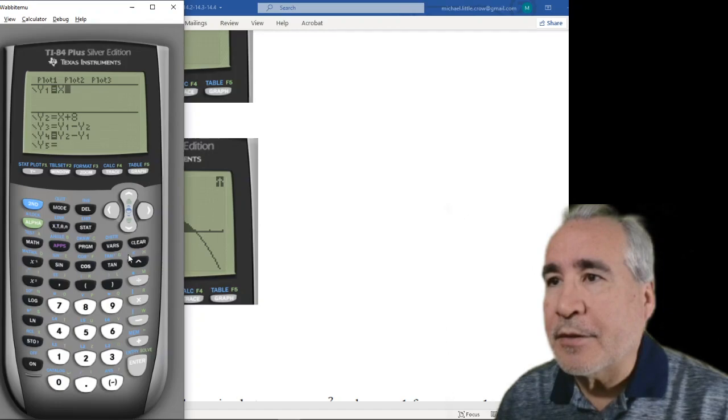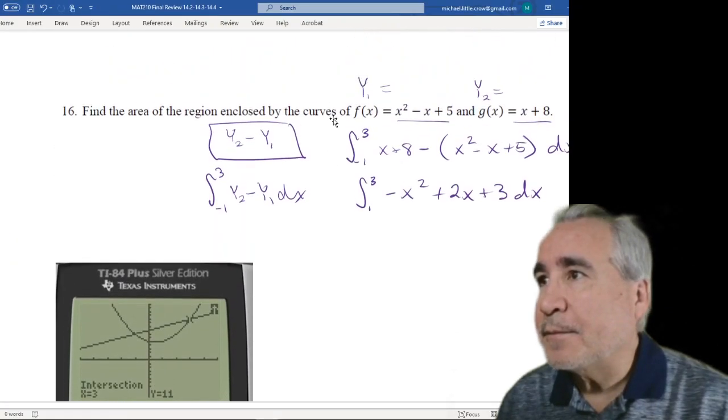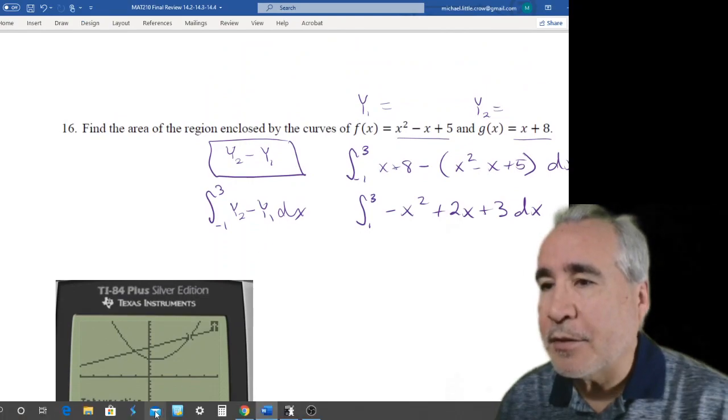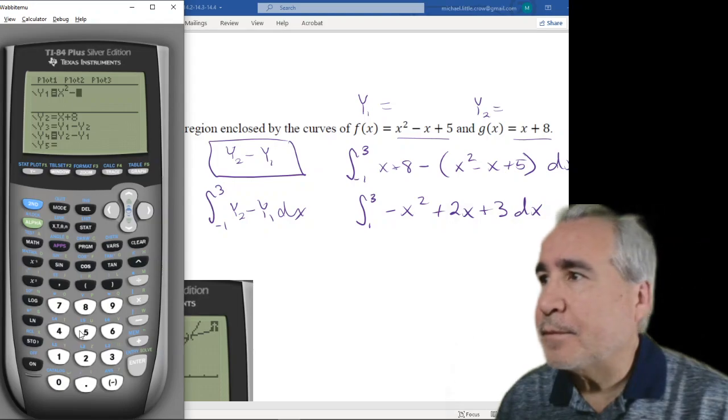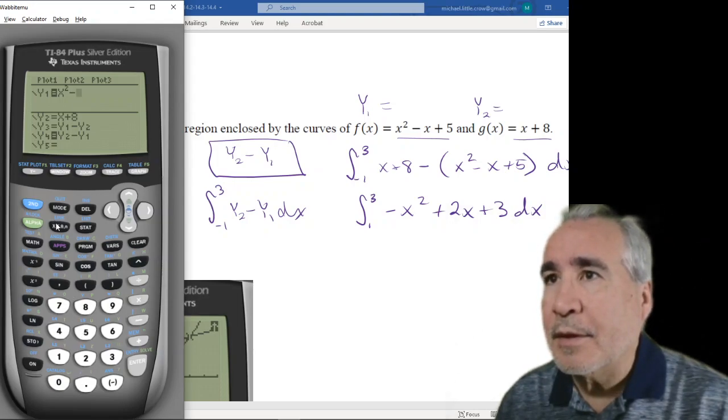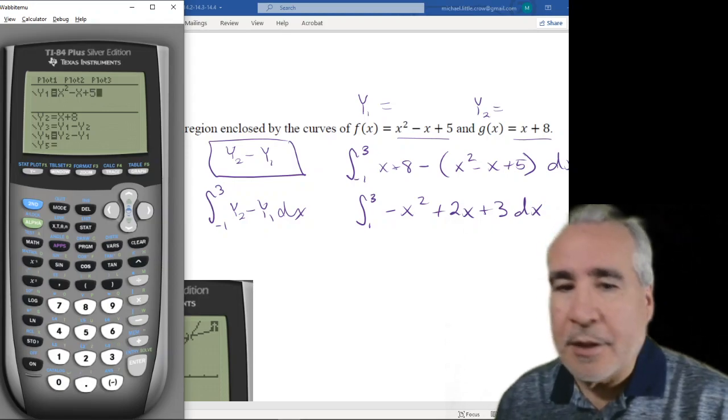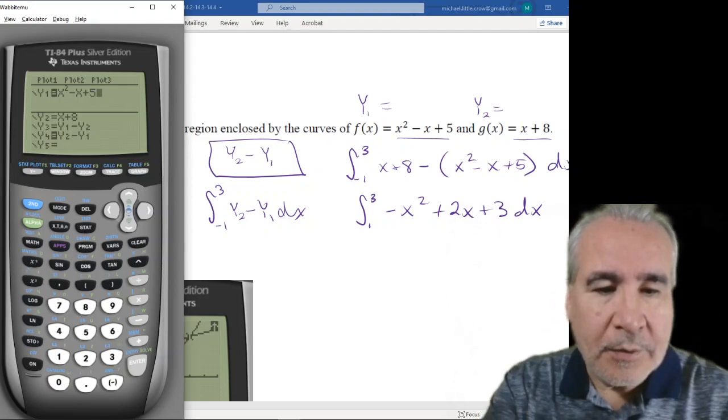What was it? It was x squared minus x plus 5. There we go. That'll be a good enough screenshot showing what we're doing.